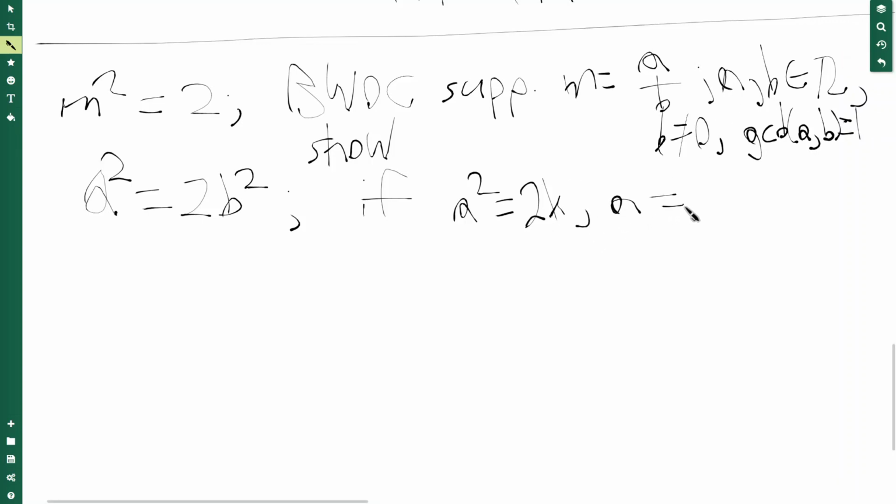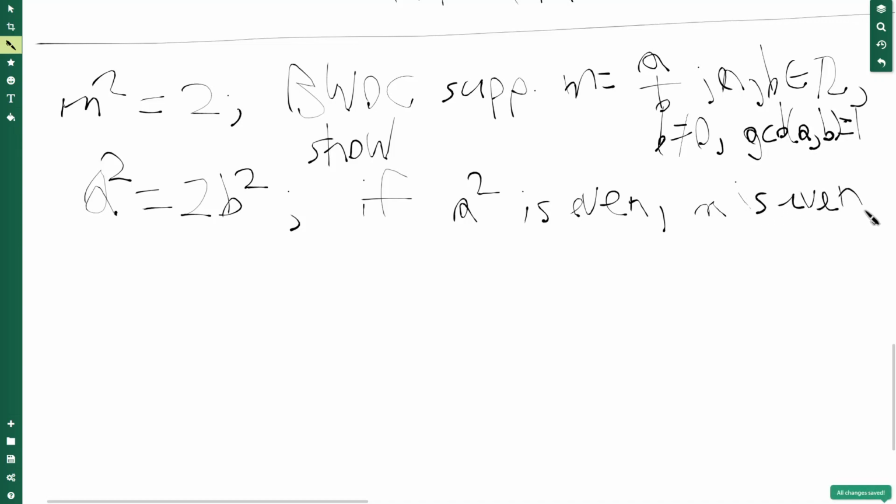Then let's show that a, just to avoid confusion, if a squared is even, then a is even. So we don't have to write extra symbols. Okay, we're going to prove this by the method of contrapositive. So if a is odd, we want to show that a squared is odd.